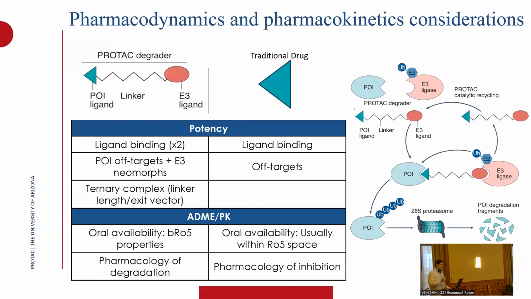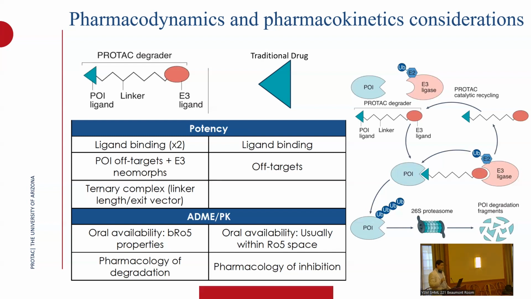Before I move on, I want to briefly talk about the pharmacodynamics and pharmacokinetics for PROTACs. Because PROTACs by nature have two ligands, one for the protein of interest and one for the machinery that's responsible for recruiting proteasomal degradation, we need to consider optimizing two different types of ligands for it to behave at the highest potency, whereas the traditional drug shown on the right only has one ligand, and so just one thing to optimize.